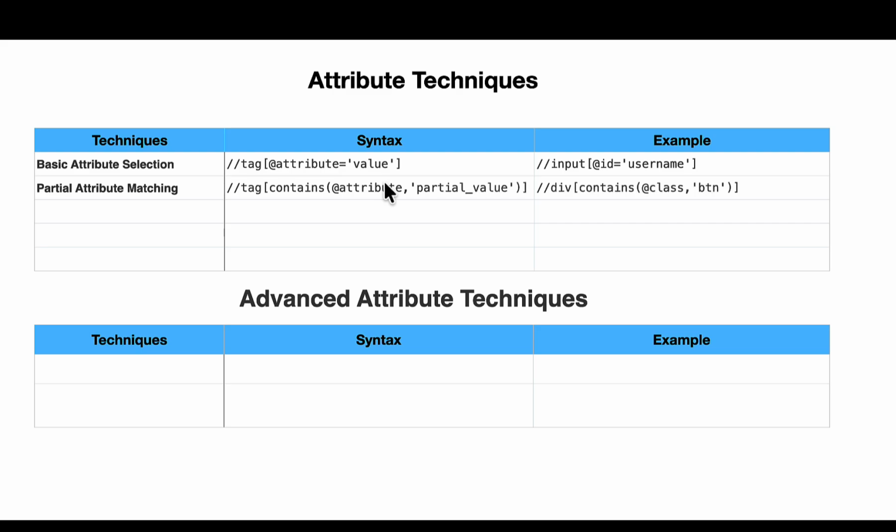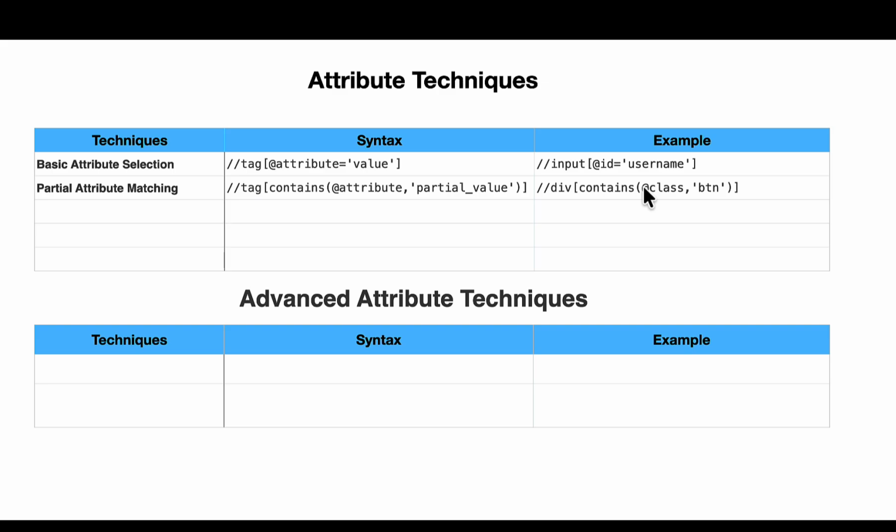Now partial attribute matching. What does this mean? Let's say you have some attribute, but you don't want to give the complete value. Here I am finding the div and using the contains keyword to partially match the attribute.